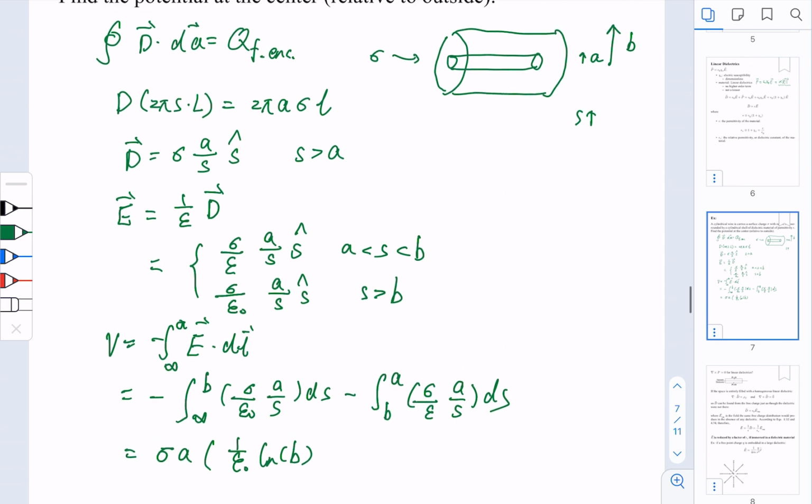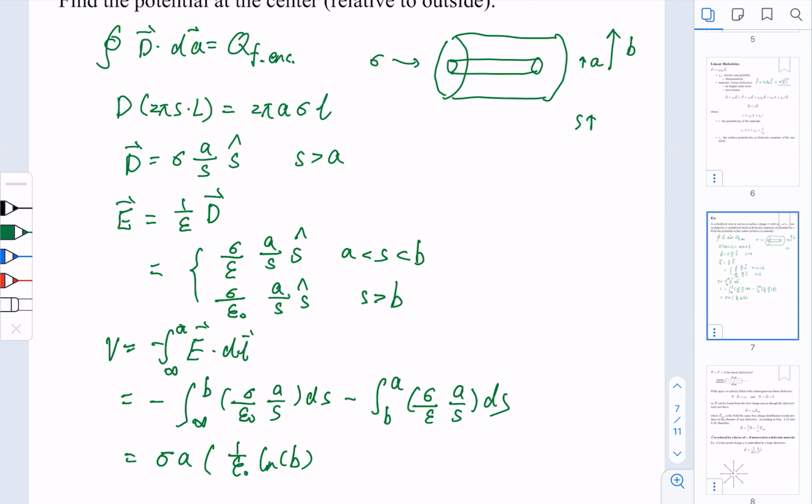So this problem is special. You cannot use infinity as the reference point, because the potential is log s, so we cannot use the boundary at infinity.